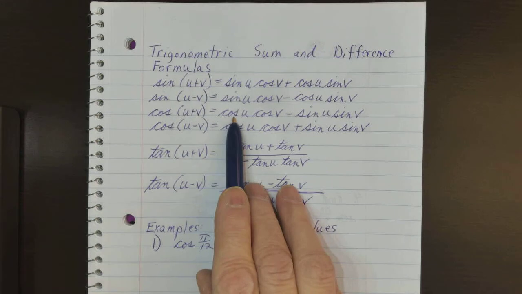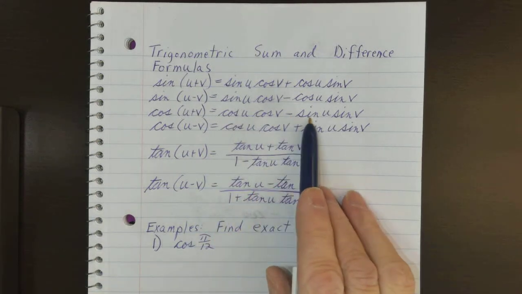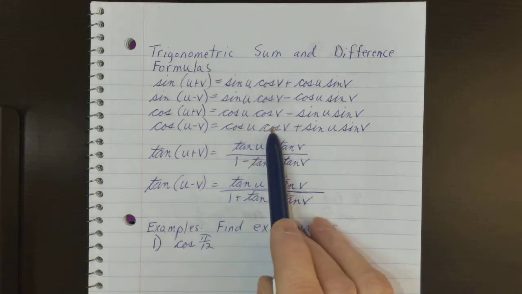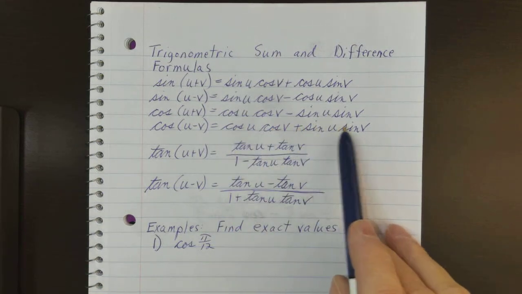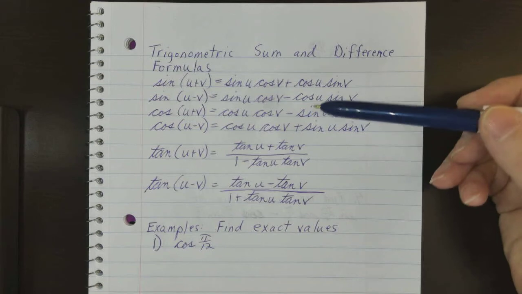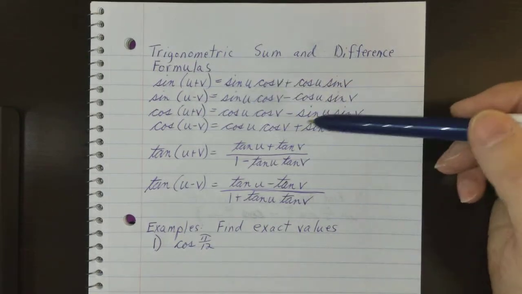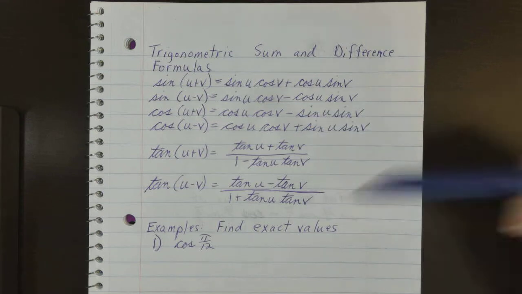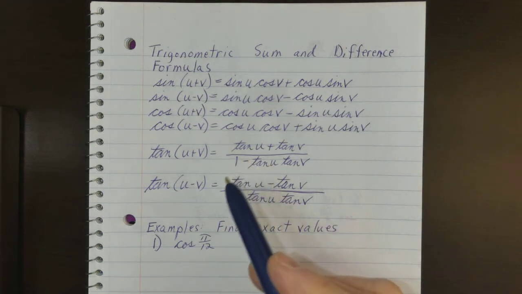Cosine of u plus v is cosine of u cosine of v minus sine u sine v. Cosine of u minus v, cosine u cosine v plus sine u sine v. You see patterns here. If you had to memorize them, it probably wouldn't be extremely difficult, but that's something I'm going to take off your plate there.